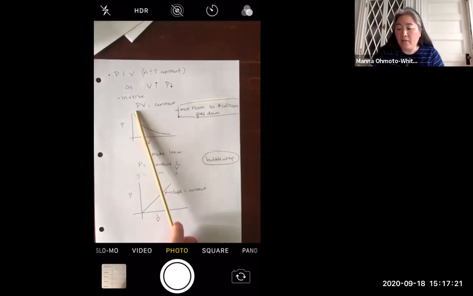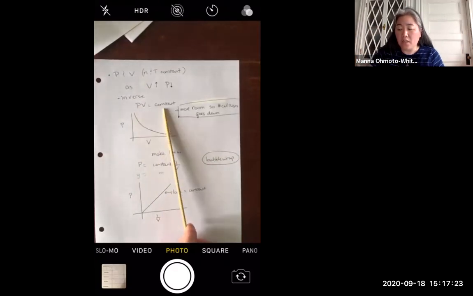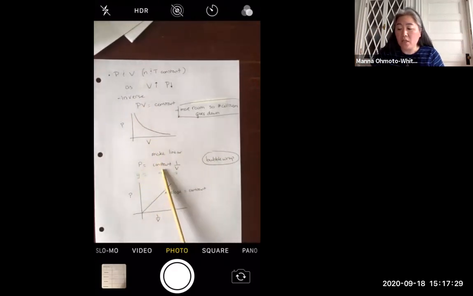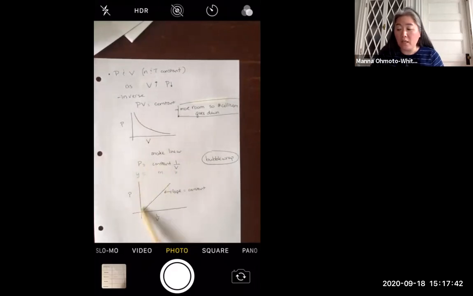So if I have PV equals a constant, I can make it into P by dividing both sides by V, so P is equal to a constant times 1 over V. That would be constant over V, or I can just simply say constant times 1 over V. And that's in a y equals mx format. Y is the P, the constant is the slope of my line, and the 1 over V is my x value.